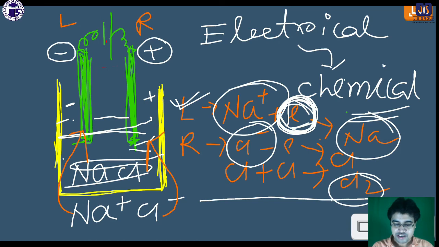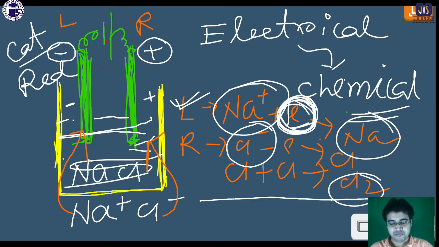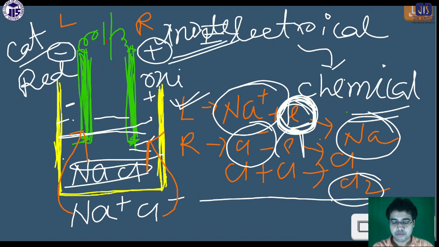So in the left hand side this is the reduction and it is the cathode. But in the right hand side electrode, loss of electrons occurs, Cl minus to Cl2 plus e minus. Loss of electrons means oxidation, and oxidation means it is the anode. I told you that where oxidation occurs, that will be the anode. Both are platinum electrodes.